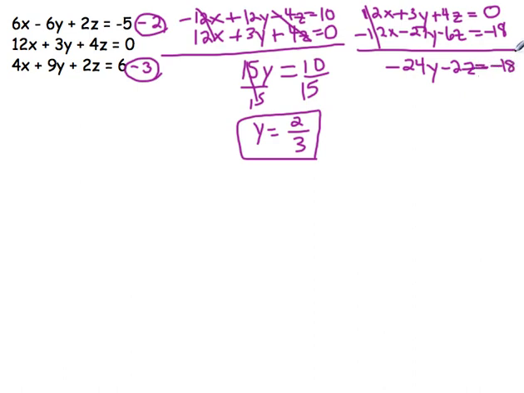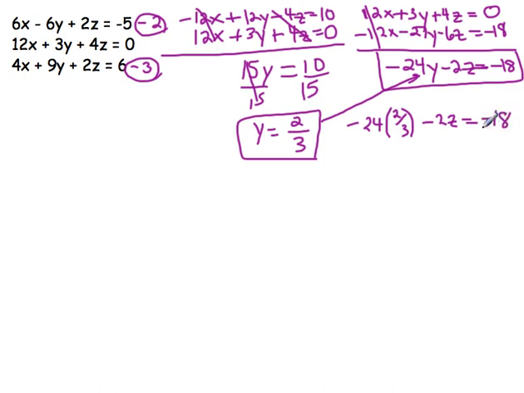Okay? Now this time, the equation did end up with a y and a z. But the cool thing is I already know what y is. So I'm going to take that and I'm going to plug it in for that y right there. So I'm going to end up with negative 24 times 2/3 minus the 2z equals negative 18. Let's do this math here.